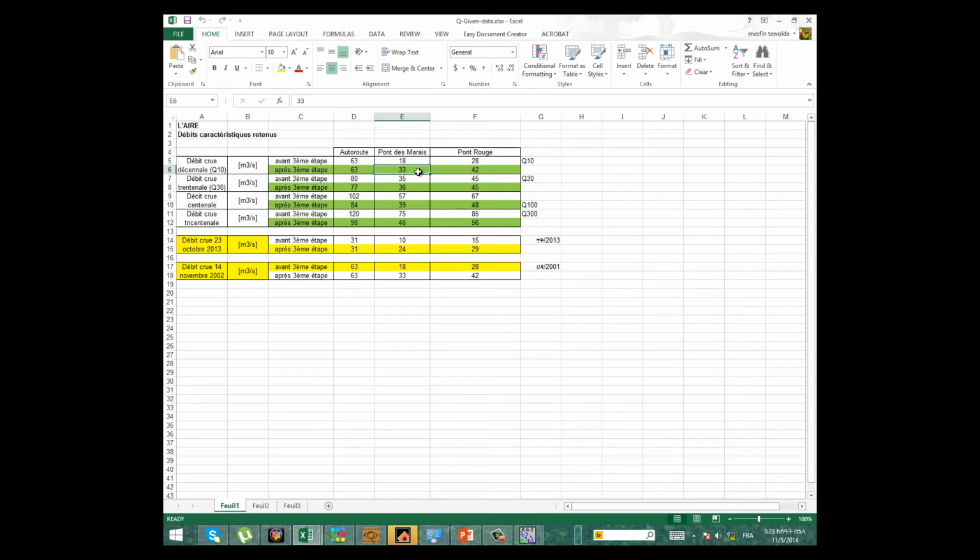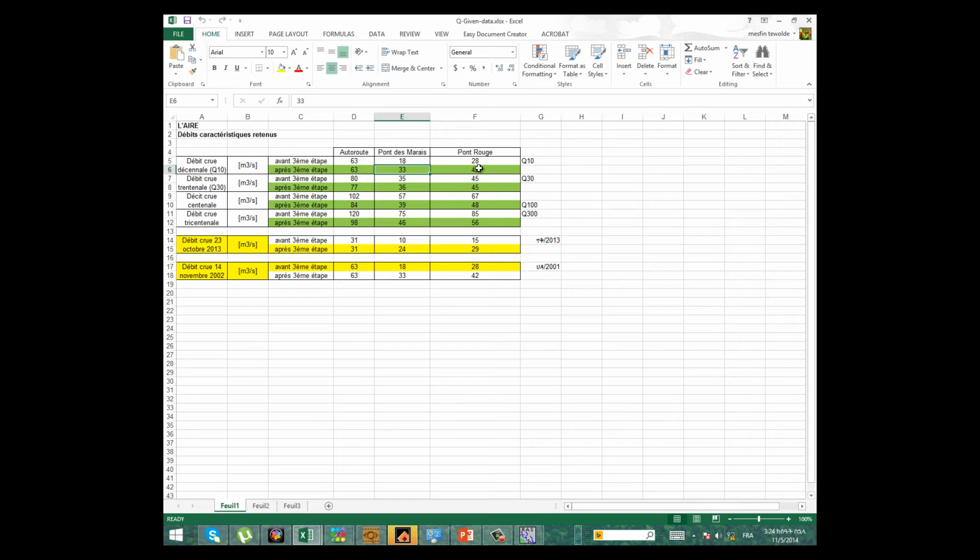So it's 33 for Pont de Marais, and Pont Rouge 42. That is for Q10. So 5 kilometers is around Pont de Marais. We will take 33 and 42. If it is 33 at Pont de Marais, there is an increase at Pont Rouge. We'll see where Pont Rouge is.